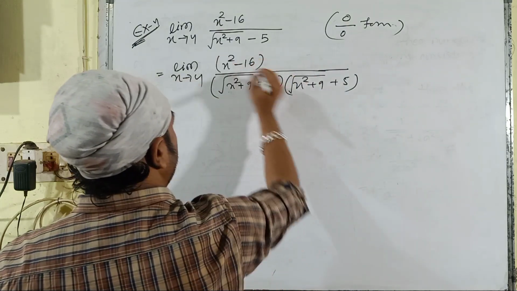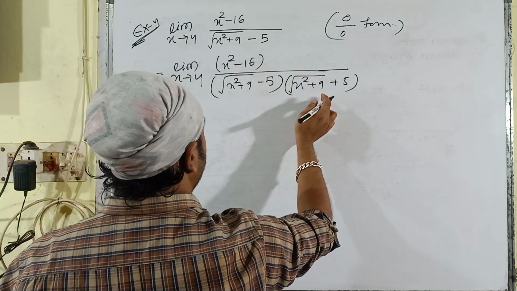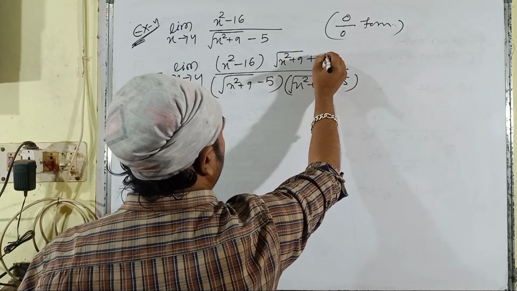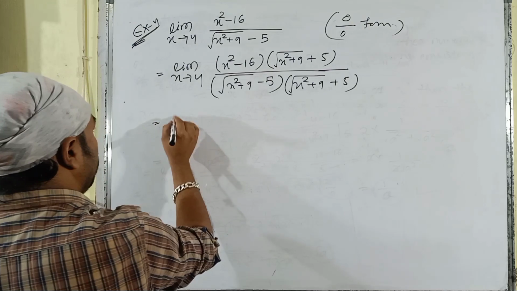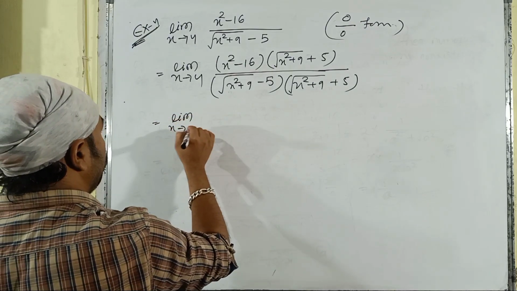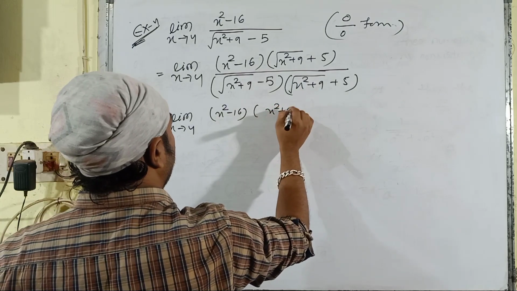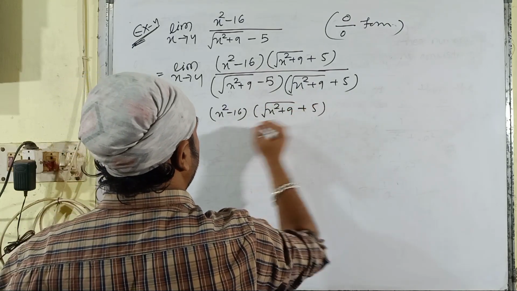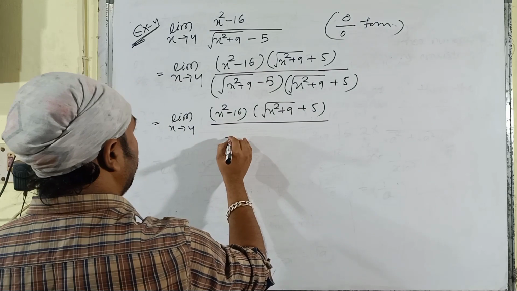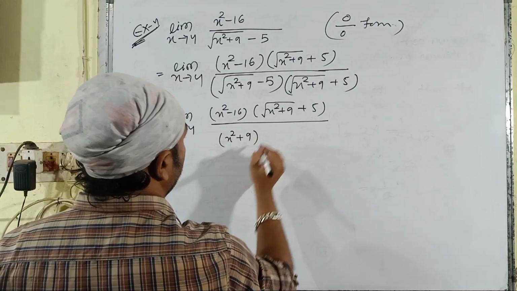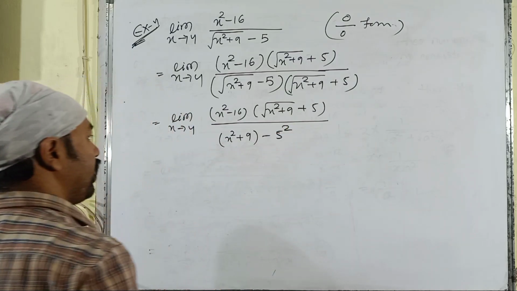Again multiplying the same part in the numerator, square root of x square plus 9 plus 5, then it is limit x tends to 4, x square minus 16 multiplied by the square root of x square plus 9 plus 5, divided by square root of x square plus 9 whole square minus 5 square.